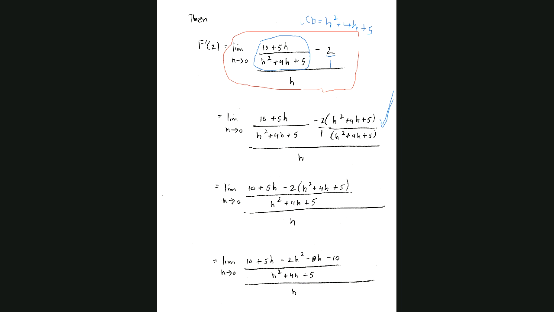So, are we okay up to here? All right, good. Now, what's the next thing we have to do? What's the obvious thing? Combine. We have to combine these terms here in the numerator.